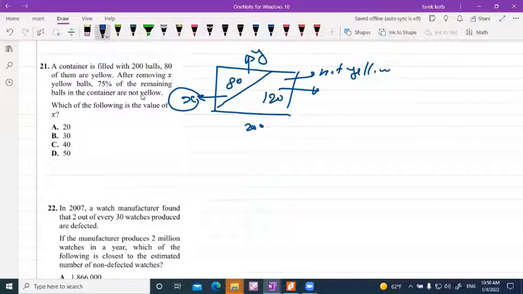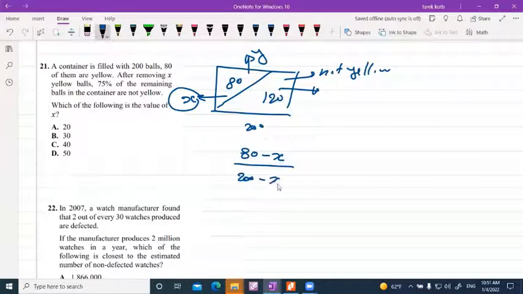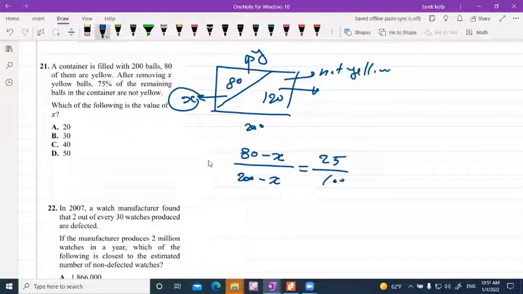So after removing the x from the 80, it will be 80 minus x, and the total is 200. If you remove x, it will be 200 minus x. This gives me 25%. If you solve this equation, you can get the value of x.